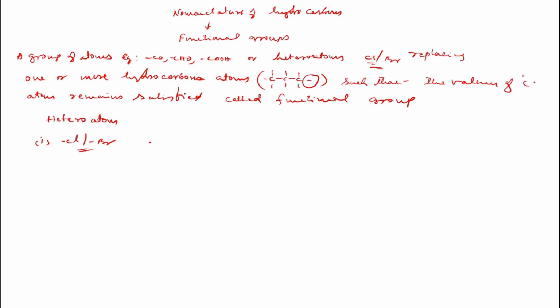If you see this in hydrocarbons, how do we do the nomenclature? The functional group is chlorine or bromine.